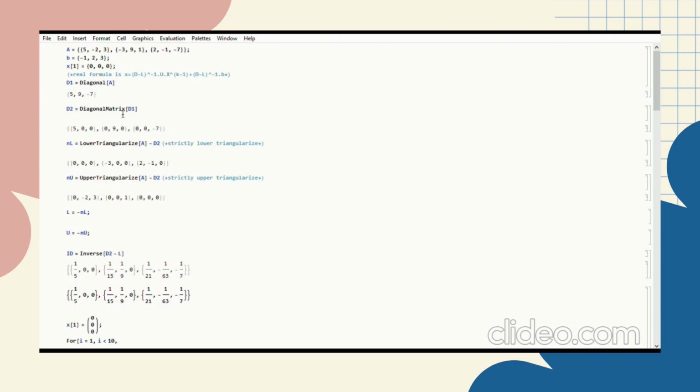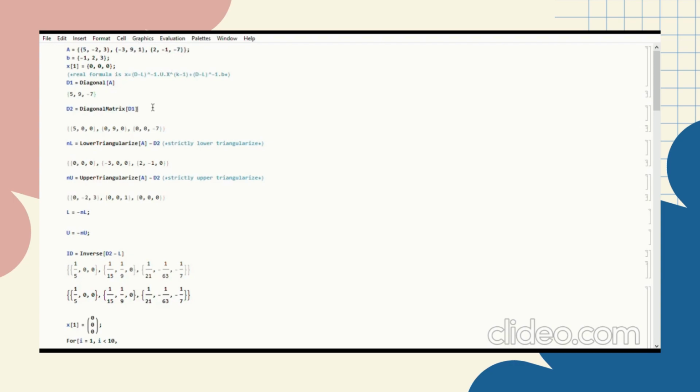Before I start with the calculation, I just want to remind the real formula for the Gauss-Seidel, which is X^(k) equals (D minus L) inverse multiplied with U and multiplied with X^(k-1), plus (D minus L) inverse multiplied with B. So I start by finding the diagonal of A. For the diagonal of A, we have 5, 9, and -7.